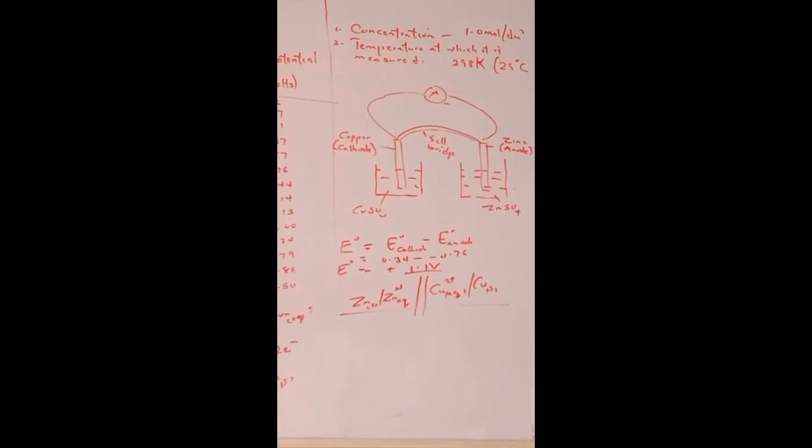The single vertical line between the zinc and zinc 2+, and copper 2+ and copper, represents the phase boundary, between the solid metal and its ions in solution.